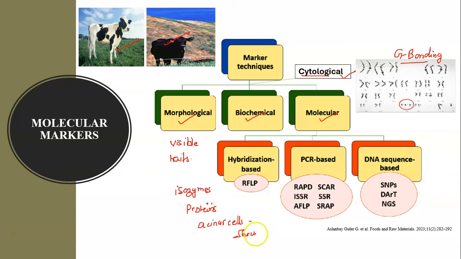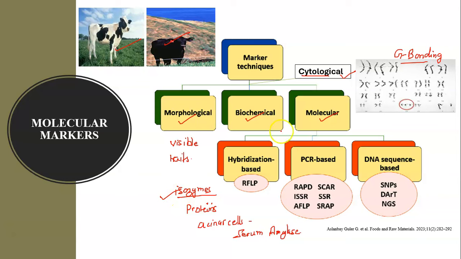And serum amylase specifically is the most commonly used of these in clinical practice. Then isozymes are alternative forms or structural variants of an enzyme that have different molecular weights and electrophoretic mobility, but have the same catalytic activity or function. So even isozymes can be used as a biochemical marker.